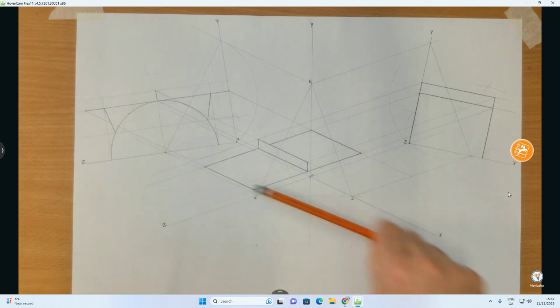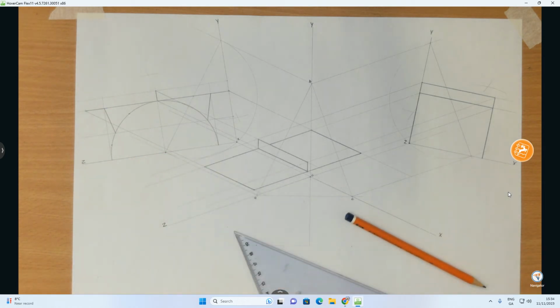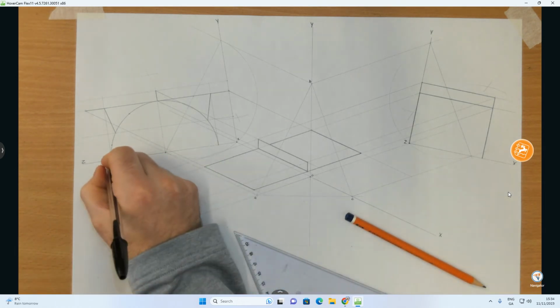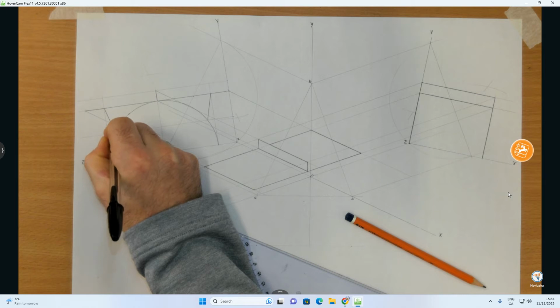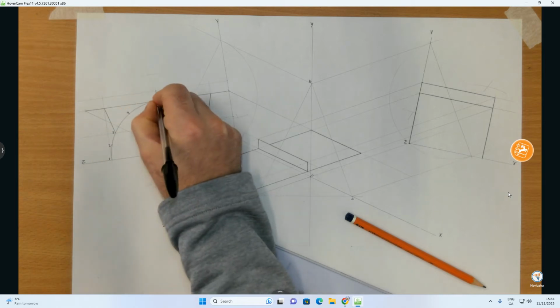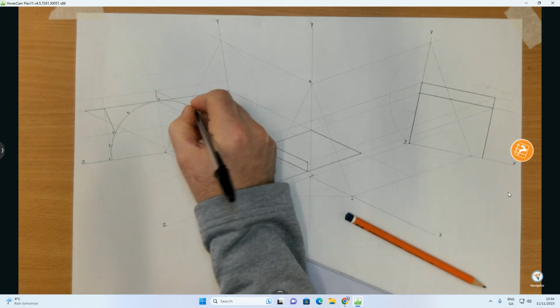Okay, now I'm going to label all those points. I'm going to label them with letters. Actually, we'll go with numbers. So 1, 2, 3, 4. This point here at the top, which we already have, is 5.